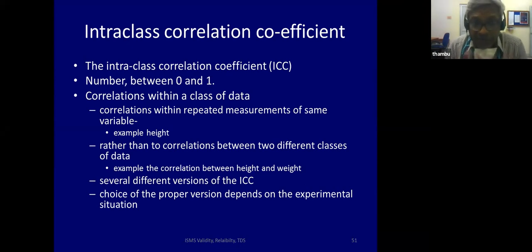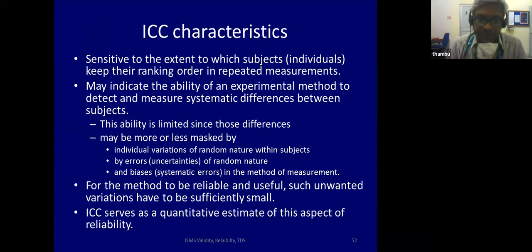Now there are several different versions of intra-class correlation, and the choice depends on the experimental situation. The ICC is sensitive to the extent to which subjects or individuals keep their ranking order in repeated measurements.